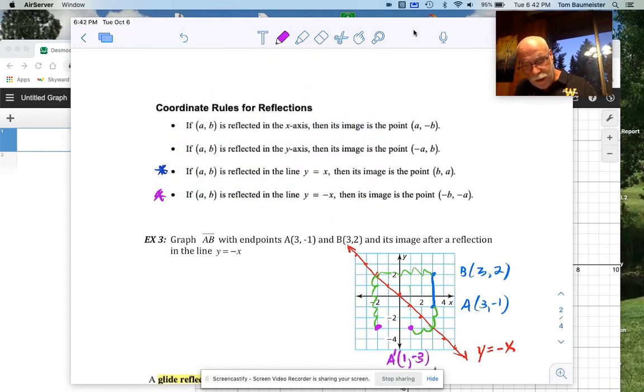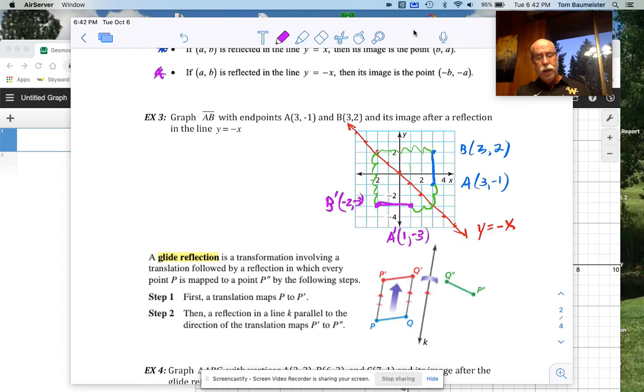We're going to make our point there. So that's going to be our B prime. And our B prime in this case, what is it? Hopefully it's -2, -3. So I flipped them and I negated them, which is what it is. And then connect the dots.